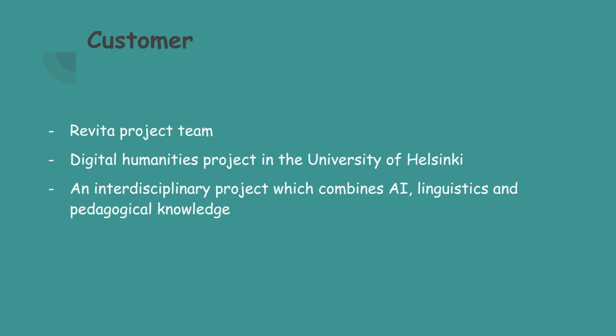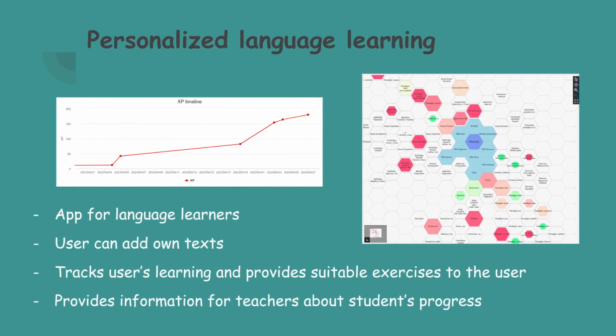Our customer is the University of Helsinki and their Revita project team. Revita is a digital humanities project which combines AI, linguistics, and pedagogical knowledge. So, what is Revita? Revita is meant for learning languages.